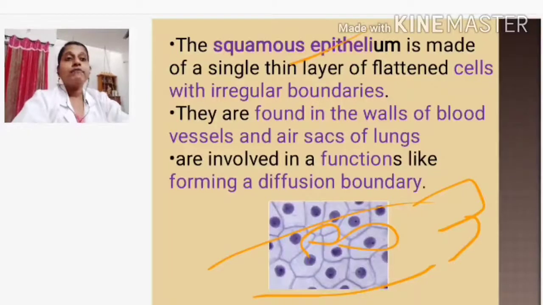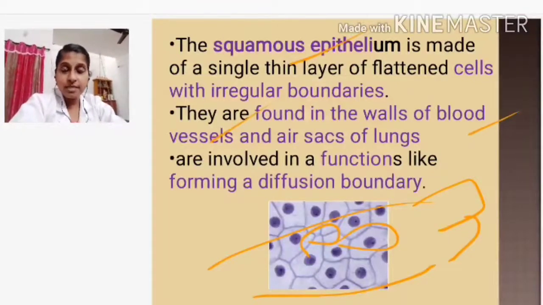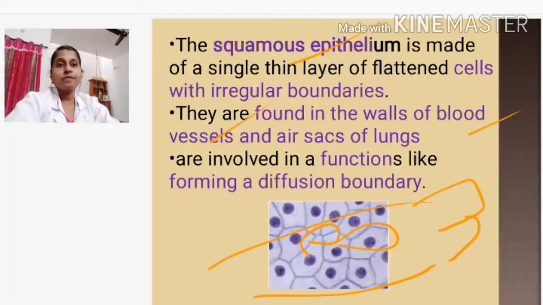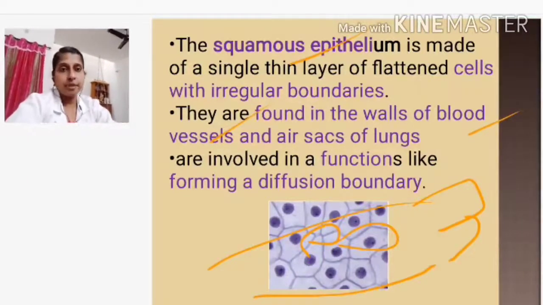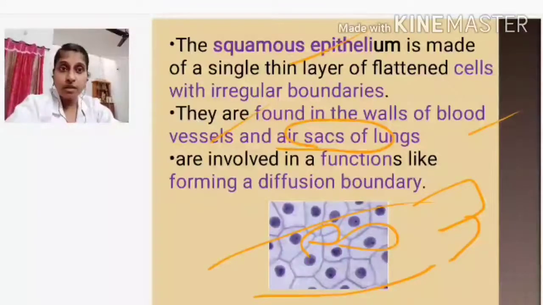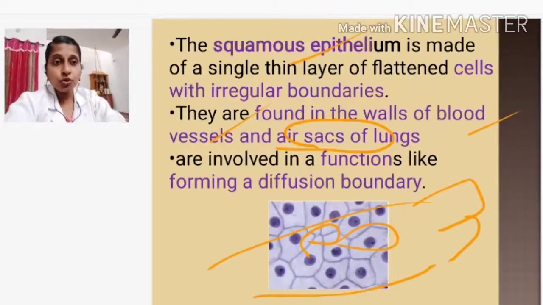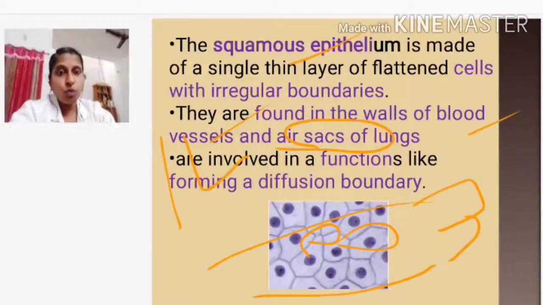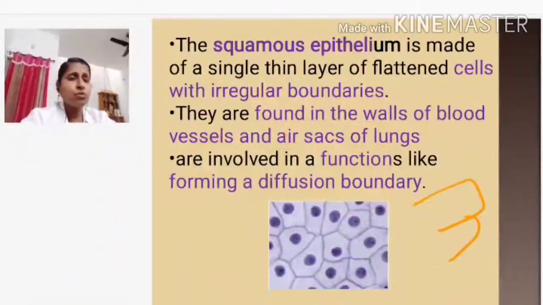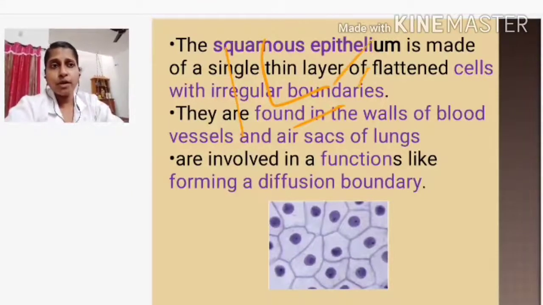Now, they are found in the walls of blood vessels, so arteries, veins, capillaries. On the walls of these blood vessels, you can find simple epithelium, as well as in the air sacs of lungs. You have learned lungs, isn't it? Trachea divides into primary bronchi, secondary bronchi, tertiary bronchi, then you have air sacs.